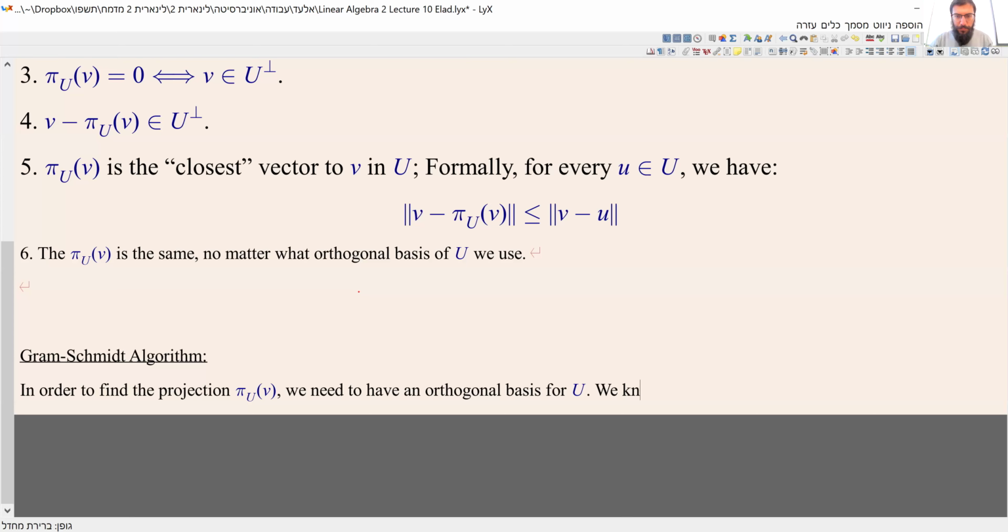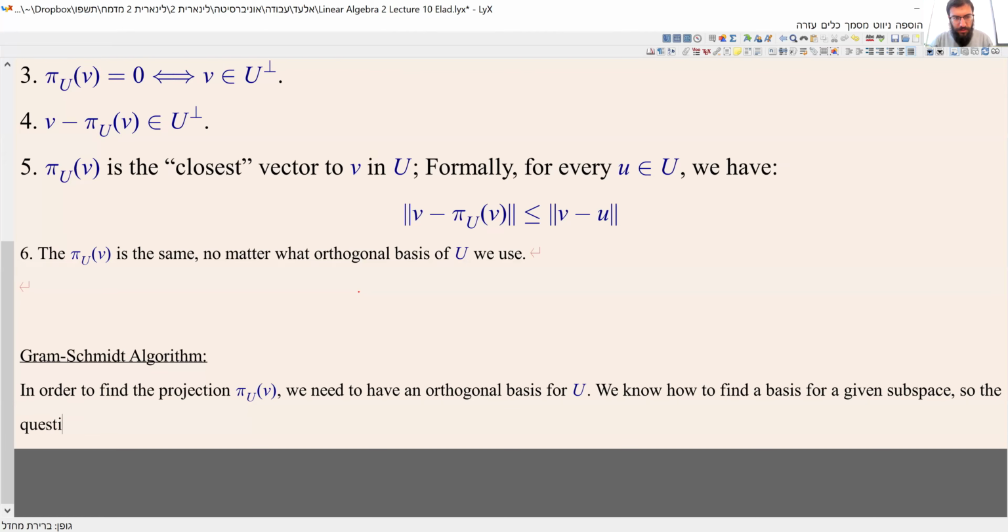We know how to find a basis for a given subspace. So that is the question.